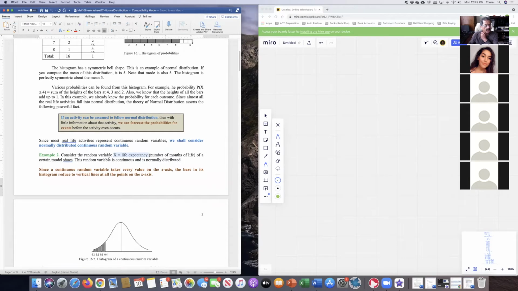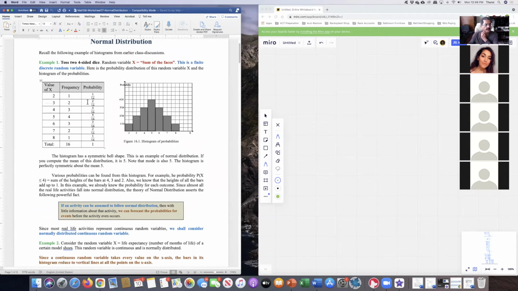This is a continuous random variable. Now, in this previous example, the values were discrete and finite. So that's why the histogram has these thick bars.